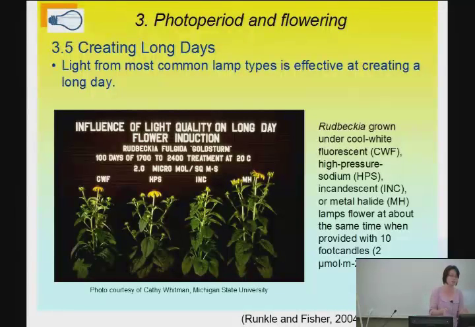The earlier study showed that light quality doesn't matter, it flowers the same way. But this group re-examined this finding by introducing more crop species, long day plants and short day plants.